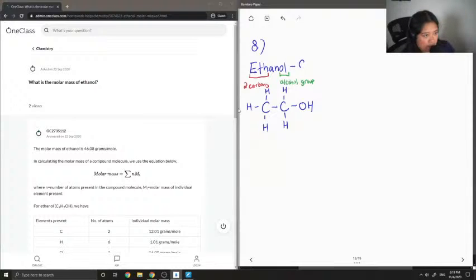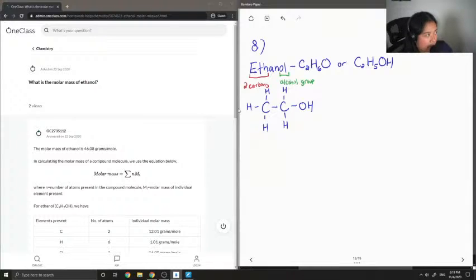You'll see that it contains 2 carbons, 1, 2, 3, 4, 5, 6 hydrogens, and 1 oxygen. So it can be written like that, or you can show that it has an alcohol group, so it's C2H5OH.